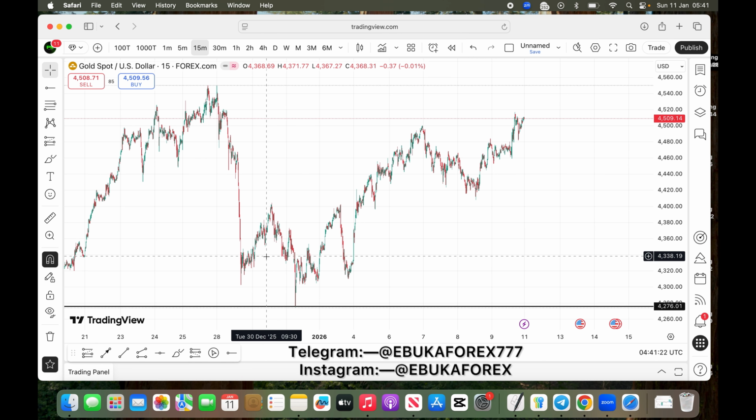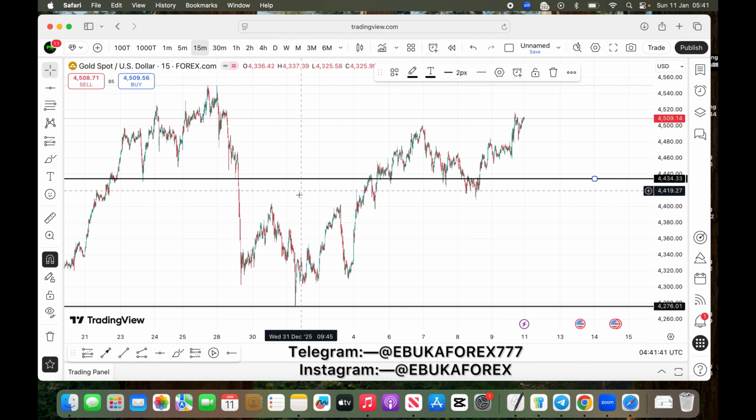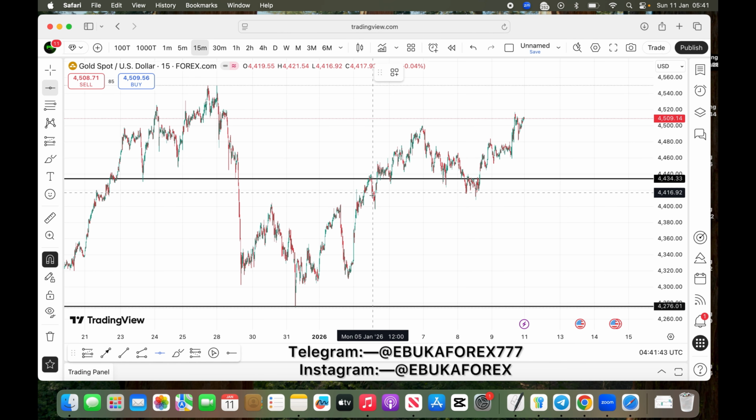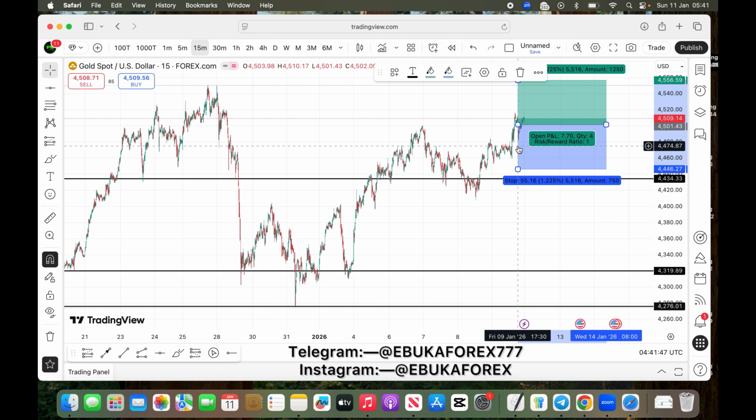Don't just take your trade from the major support and resistance. You must wait for that price reaction to take place. So this weekend we are looking towards 4700.